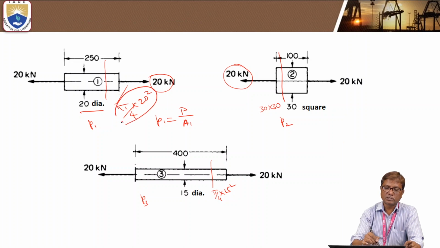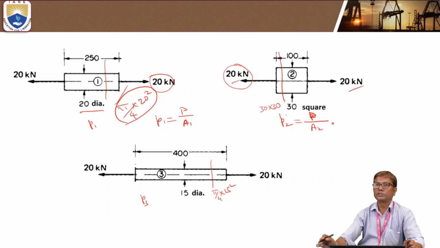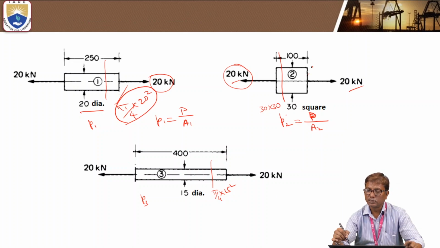A1 is cross-sectional area of portion 1. Similarly, P2 is P, where P is the tensile force, same 20 kilonewtons for all the three portions, by area of cross-section of this portion, which is a square of 30 mm sides.